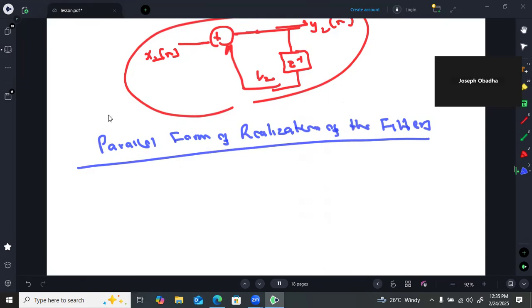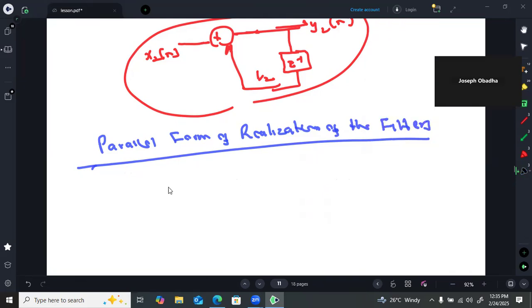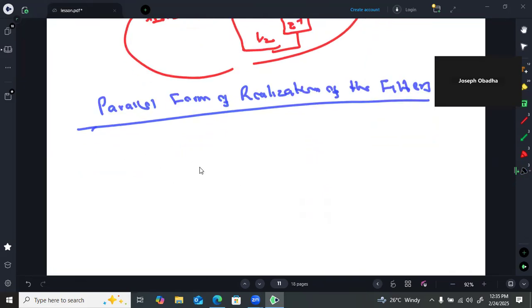Here, we actually have different IIR systems connected in parallel.